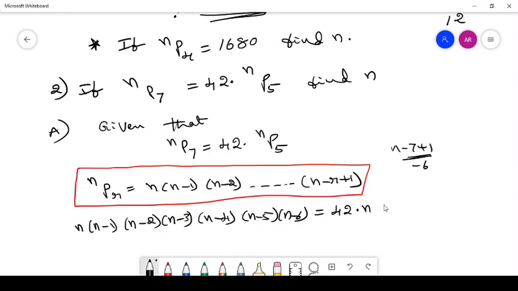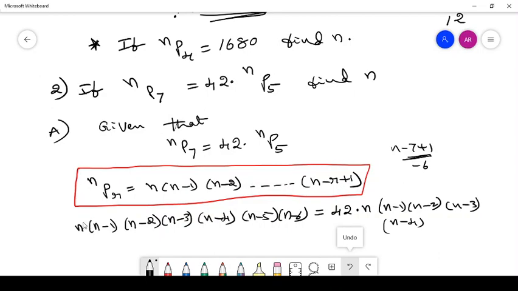This can be written as n into (n minus 1), (n minus 2), (n minus 3), (n minus 4). For nP5, n minus 5 plus 1, minus 5 plus 1 is minus 4, so that value is n minus 4.